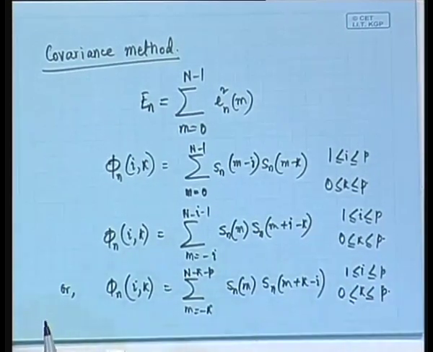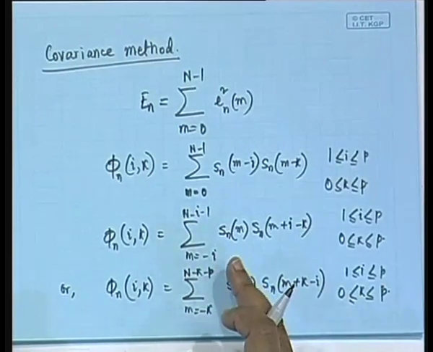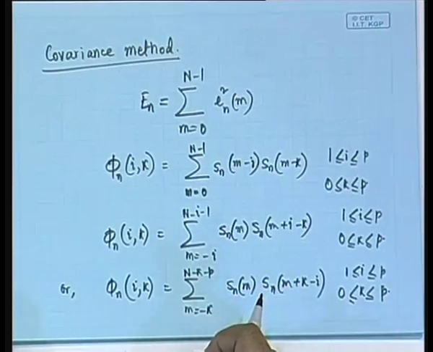Now, you just see that last time we had a similar definition, but what did we say? M is equal to 0 to n minus I minus 1, and why did we do that? Because we had assumed that Sn m is 0 outside the interval m varying from 0 to n minus 1.